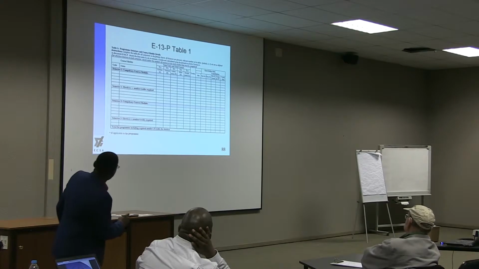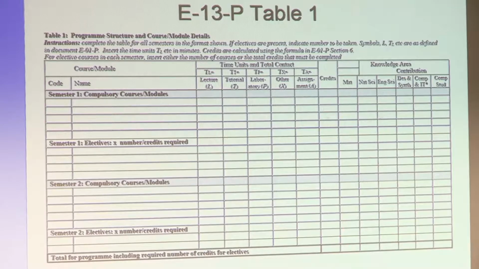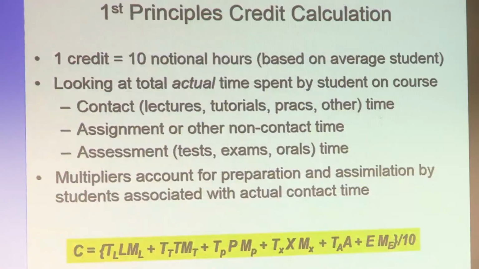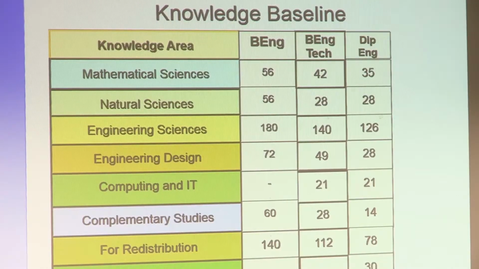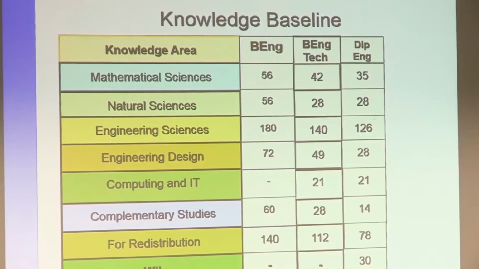And again, at the end, as you can see here, the total for the program includes the required number of credits for electives. You see their credits, they're going to add them for maths and put it there. It's going to prove that it's here that we promise this is happening. It's going to be seen in that table.